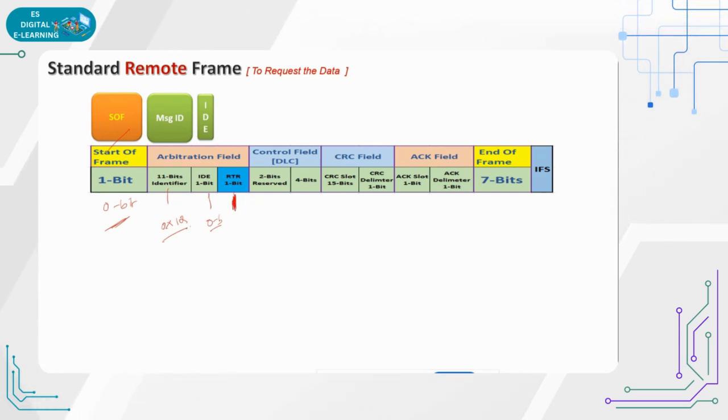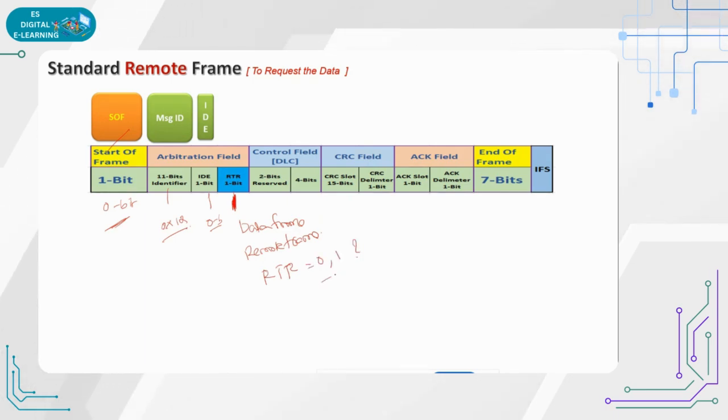This field will tell you whether you are requesting a data frame or a remote frame. So in the case of a data frame, what will it be, and in the case of a remote frame, what will it be? The RTR will be 0 or 1.